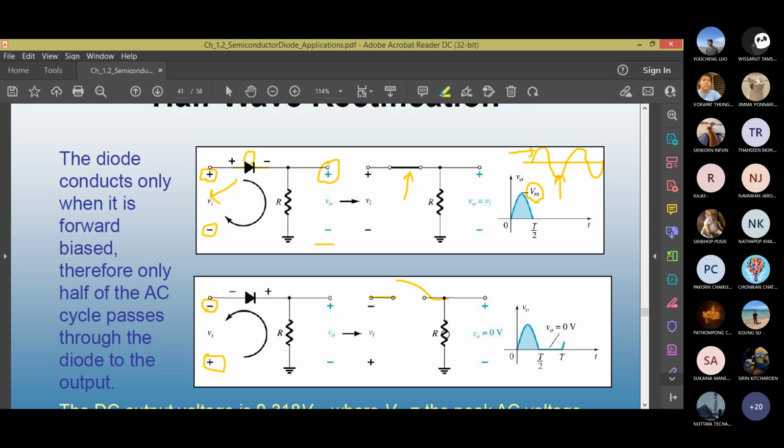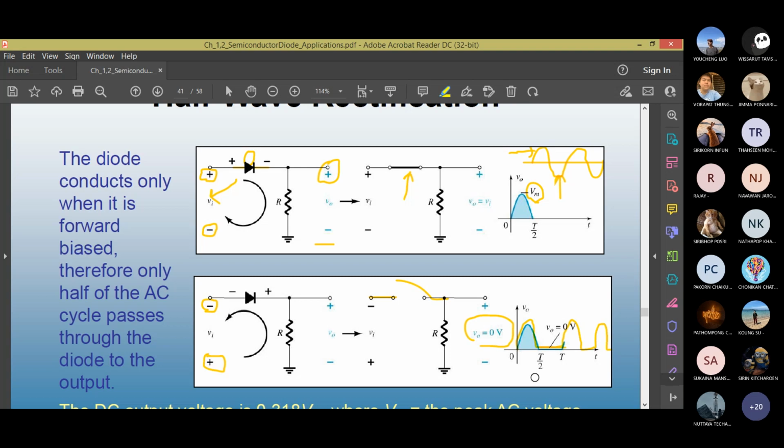So there is no current flowing through R, which means you try to take a voltage, you will get 0 volt. So what happens to the output now? Flat, 0 volt. If you take the output from a half-wave rectifier circuit, the voltage output is like this. One half cycle has a voltage, the other half cycle has none.